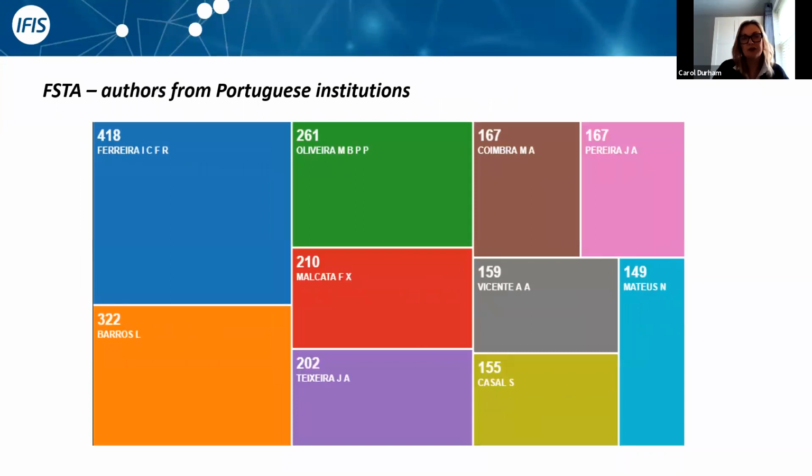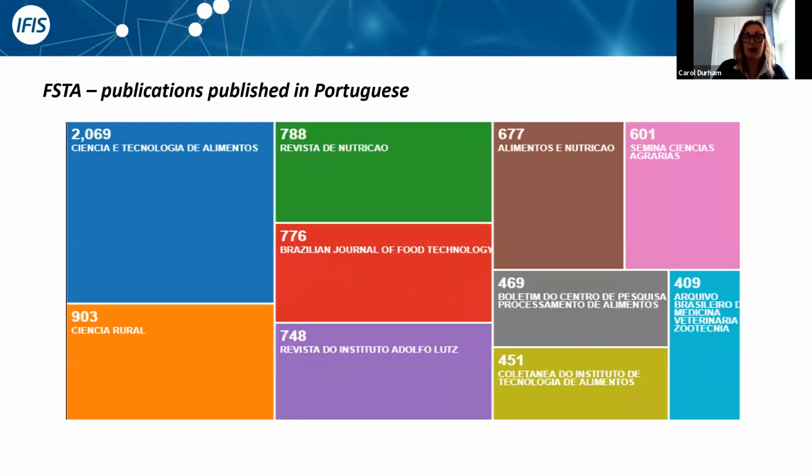And then you can see some of the top authors from Portuguese institutions published in FSTA. And then these are the publications, some of the top Portuguese publications that are indexed in FSTA.